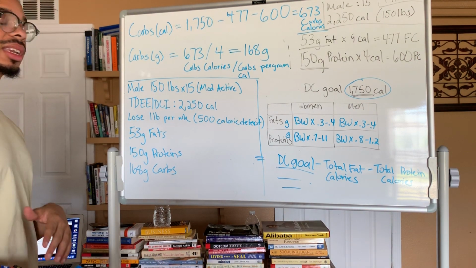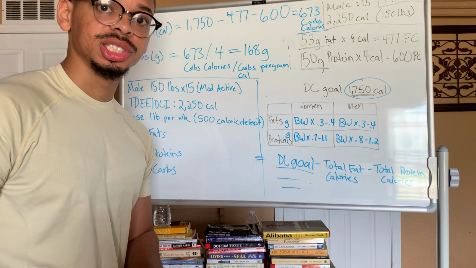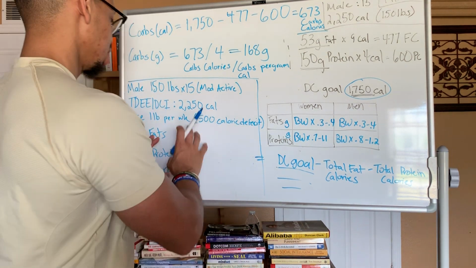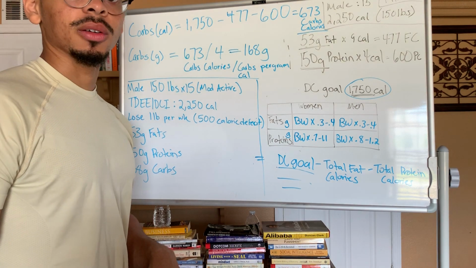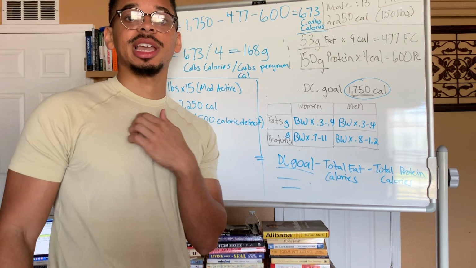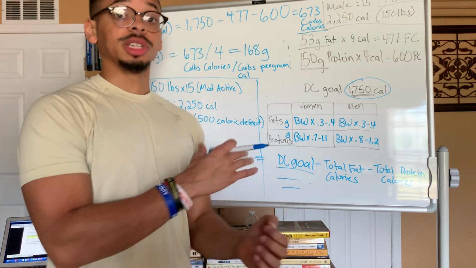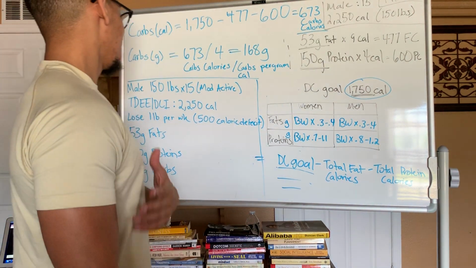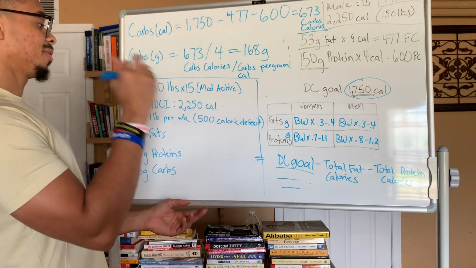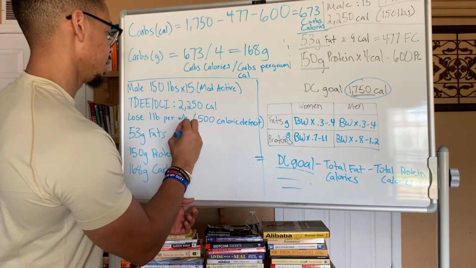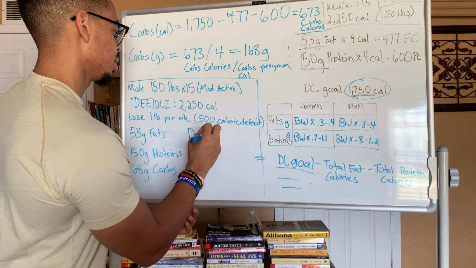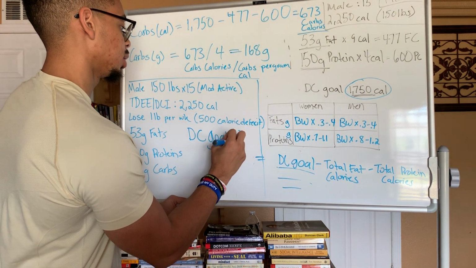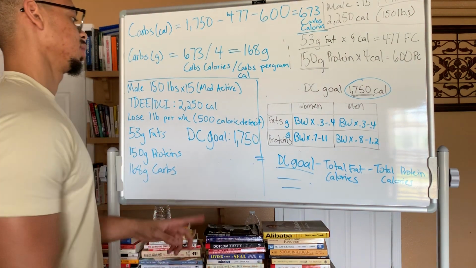Now the last thing you probably need is calculating the percentage of each of these to put in MyFitnessPal, right? MyFitnessPal will be the calorie tracking app you'll be using to reach your goal. Now for this instance, how do we get percentages? One thing I forgot to list here is the daily calorie goal, which is 1750, right?